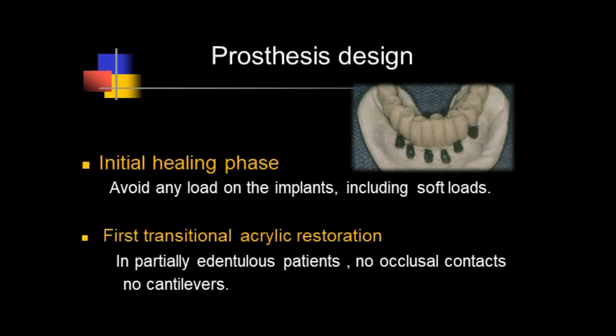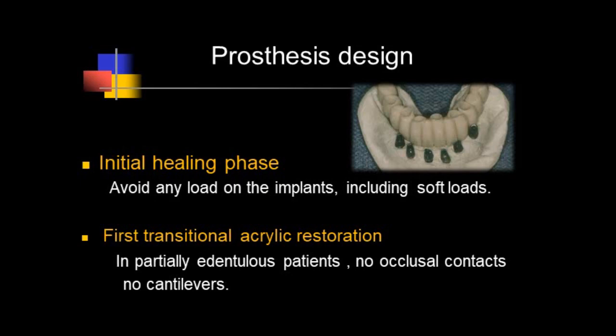Final element, that is the prosthesis design. So during the surgical stage 2 uncovery procedure, the surgeon evaluates the clinical mobility, bone loss both horizontal and vertical, and proper placement and angulation to the load, and zones of attached gingiva, gingival thickness, etc. And in the initial healing phase, the dentist instructs to avoid any load on the implants, including soft loads.